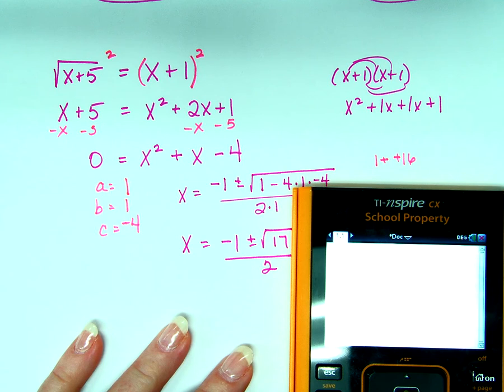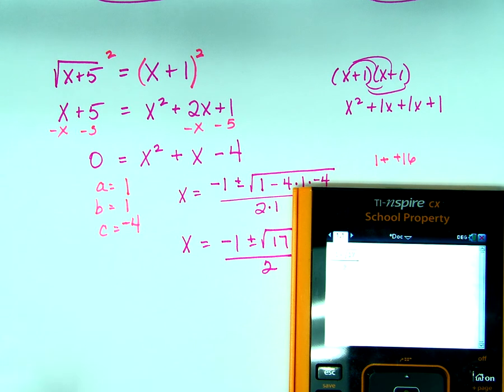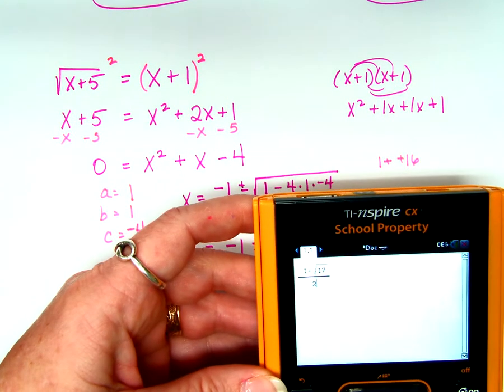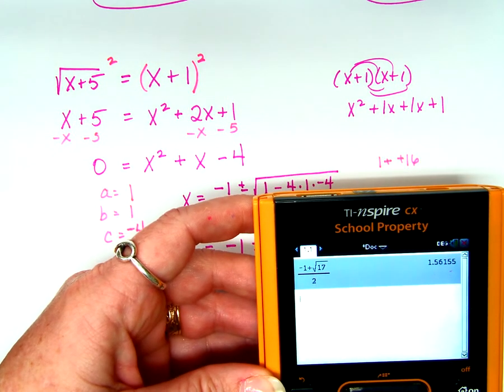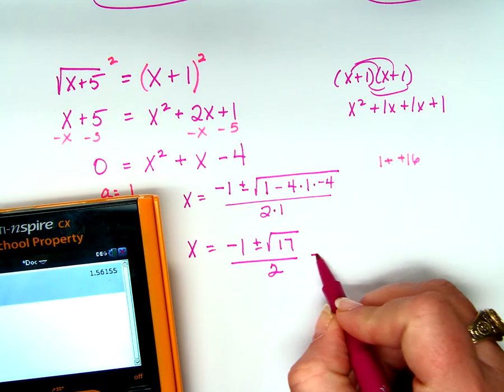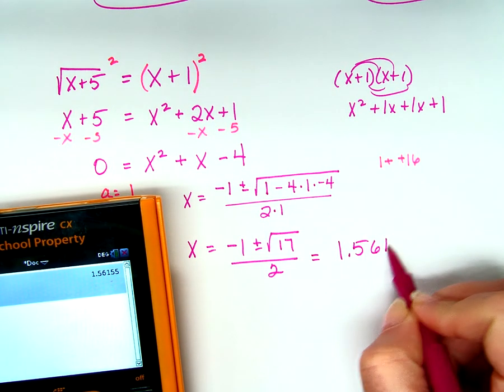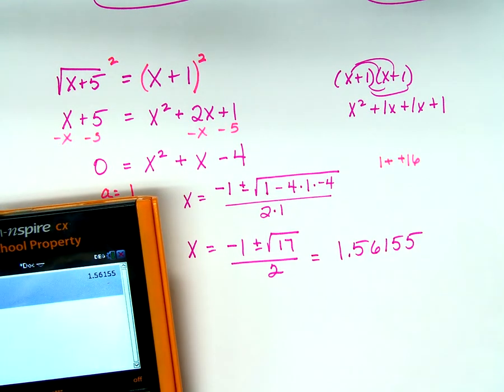And in my calculator, I want to put -1 plus the square root of 17 over 2. I can't do them at the same time, right? -1 plus the square root of 17 over 2 is 1.56155. Did you get that?